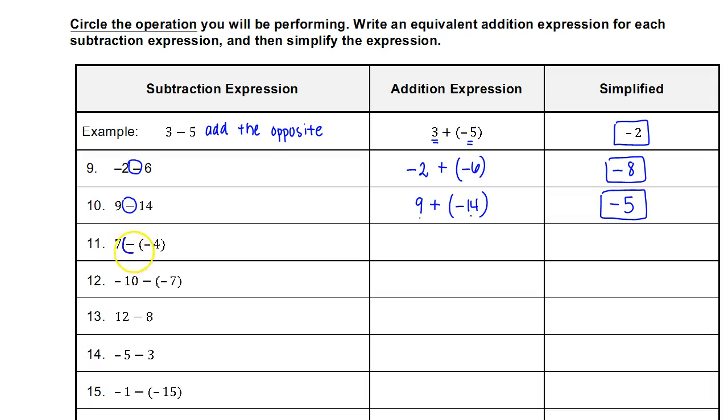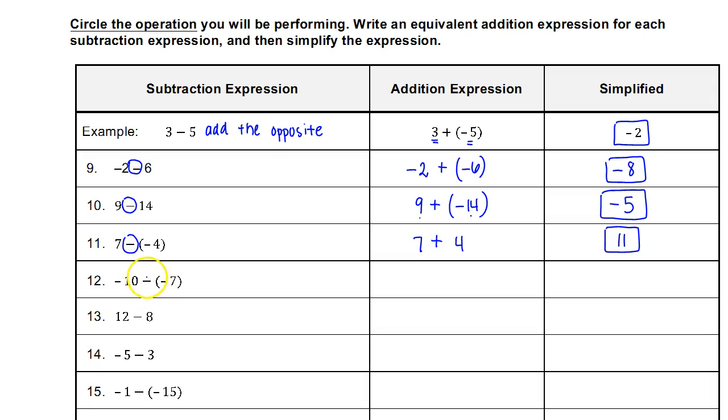For number 11, when I rewrite this as addition, my 7 remains unchanged, but I'm going to change this to plus a +4. And of course, 7 positives and 4 positives when I'm adding would be 11 positives. I'm picturing a chip model and hopefully you're picturing it too.